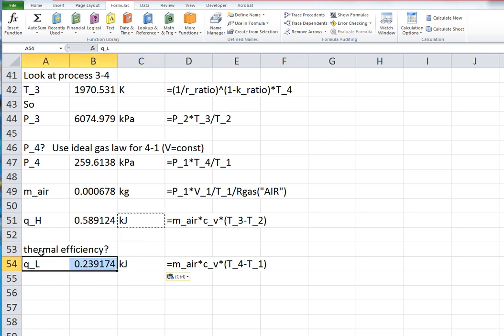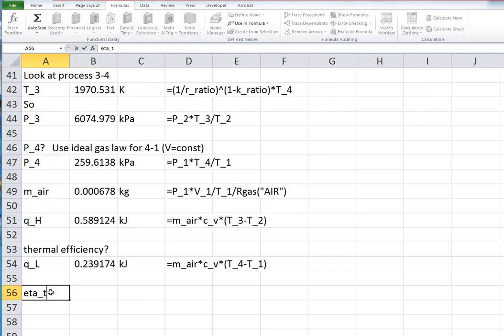And once we've got QL and QH, we can always find the thermal efficiency as one minus QL over QH. Says it's about 59%.